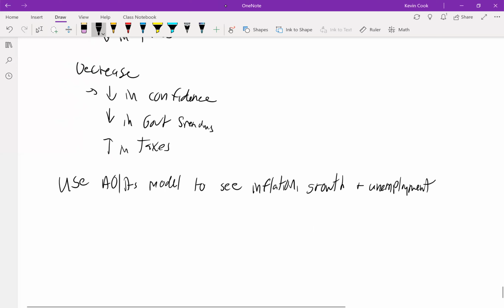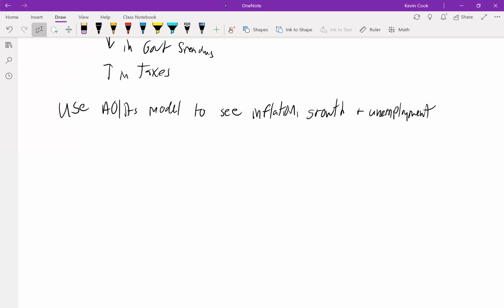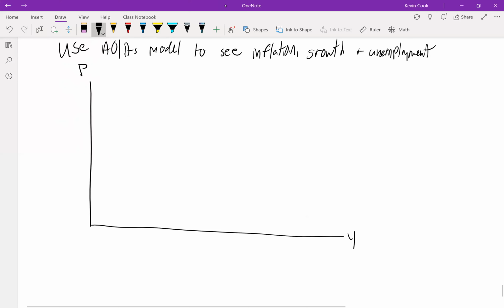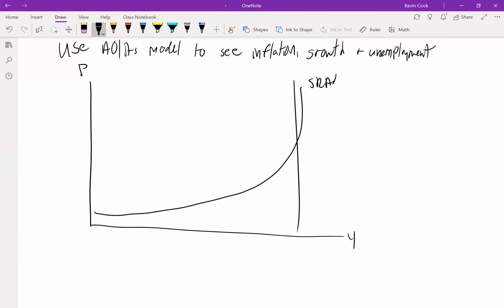So we have our price level and our real GDP going down. Let me draw our short run aggregate supply, then our long run aggregate supply, and then suppose we have aggregate demand somewhere down here.